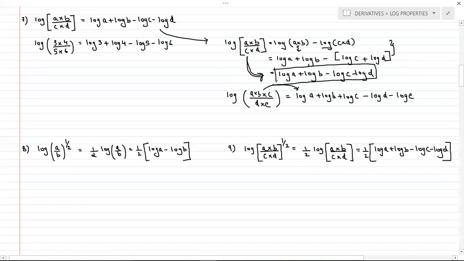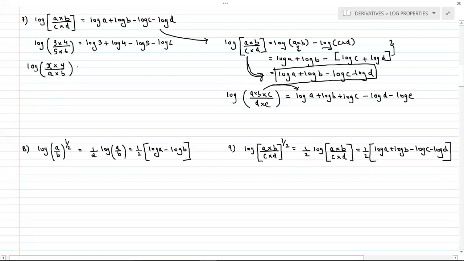In shortcut, you can remember like this: the numerator terms, whether it contains 1, 2, 3, any terms on it, will get converted into addition, and the denominator terms, whether it contains one term or more than one term, the connection symbol will be what? Minus. Remember this. Suppose we take one more example: log of x into y upon a into b.